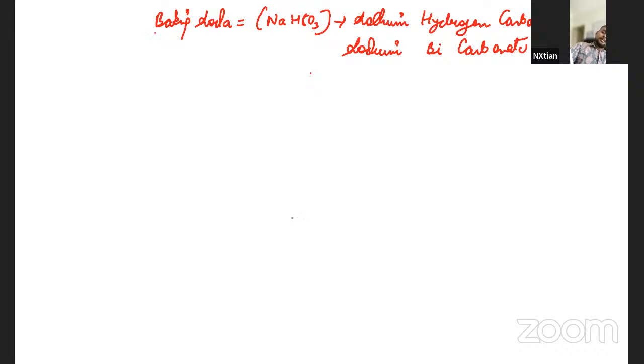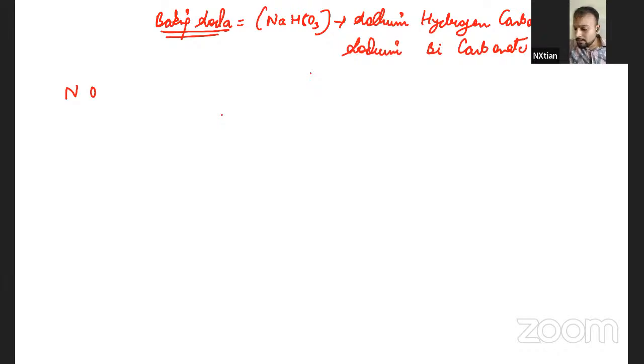Now, how is this baking soda manufactured? We will learn that. Don't write anything. So basically, they take NaCl plus water. I was wrong earlier.